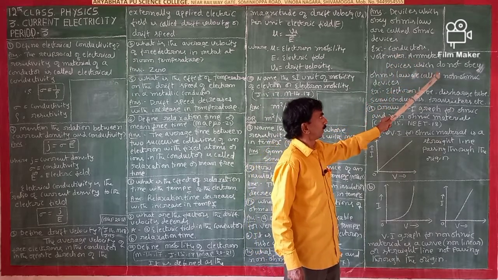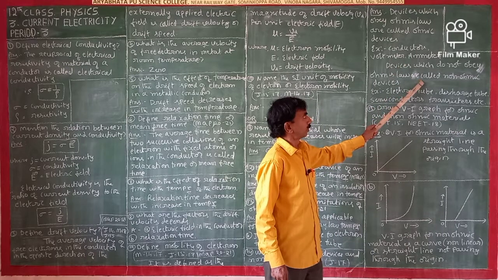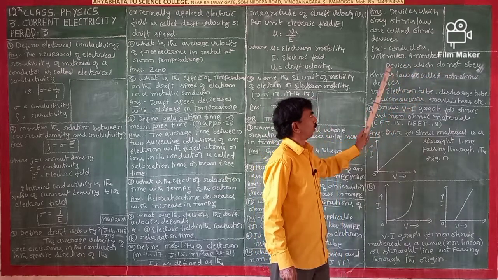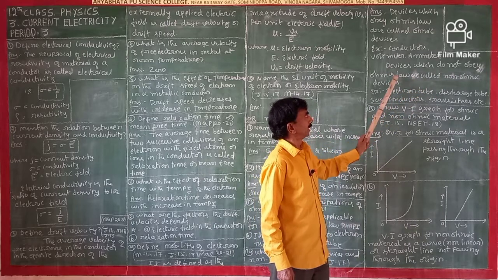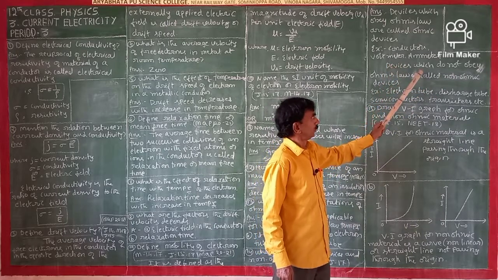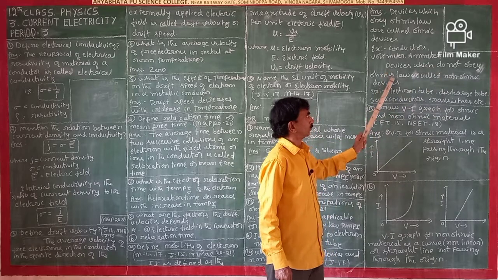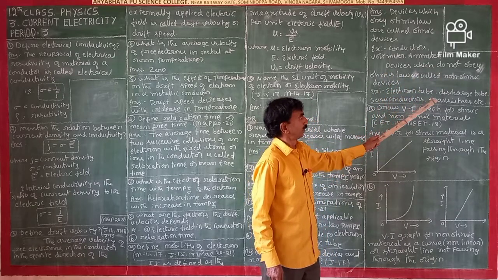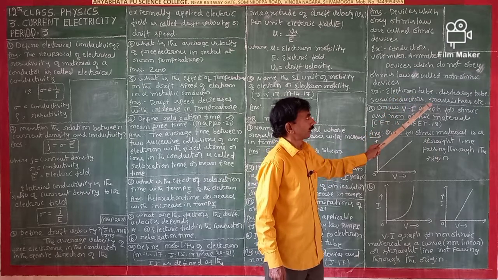Devices which do not obey Ohm's law are called non-ohmic devices. Examples: electron tube, discharge tube, semiconductors, transistors.